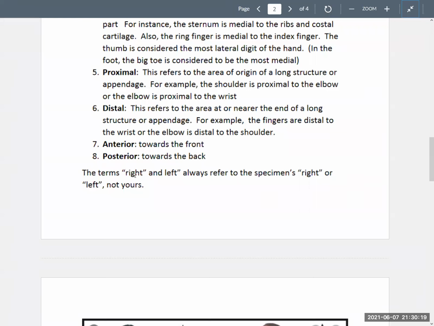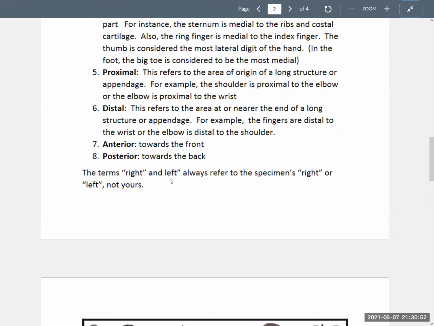The terms right and left always refer to the specimen's right or left, not yours. So when two people who are both right-handed shake hands, it's right hand to right hand. Now, I just found out from somebody who's taking art classes that if you're talking about a painting, these are reversed.